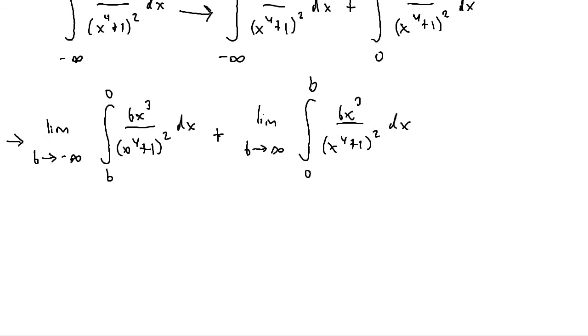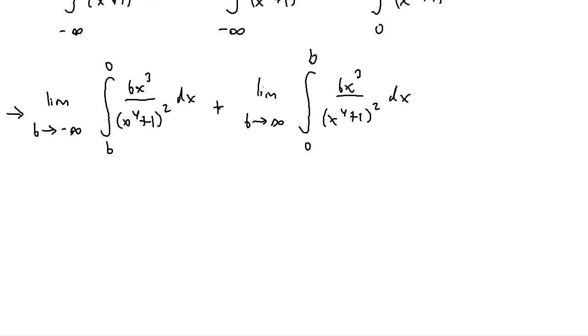If we were to integrate 6x cubed over (x to the 4th plus 1) squared, we can just use simple u substitution. If u is equal to x to the 4th plus 1, then du will be 4x cubed dx, which would make dx equal to du over 4x cubed.